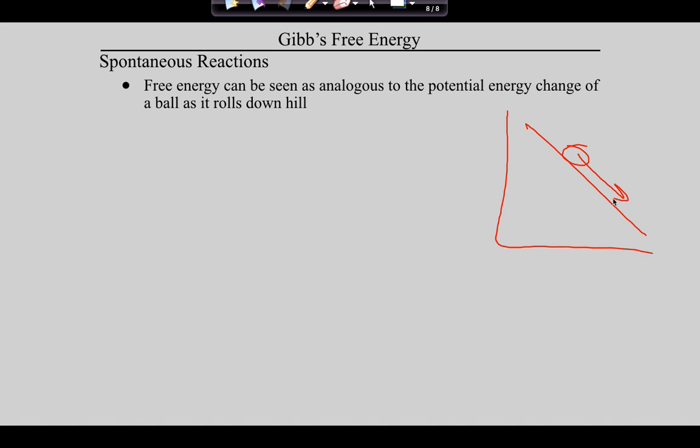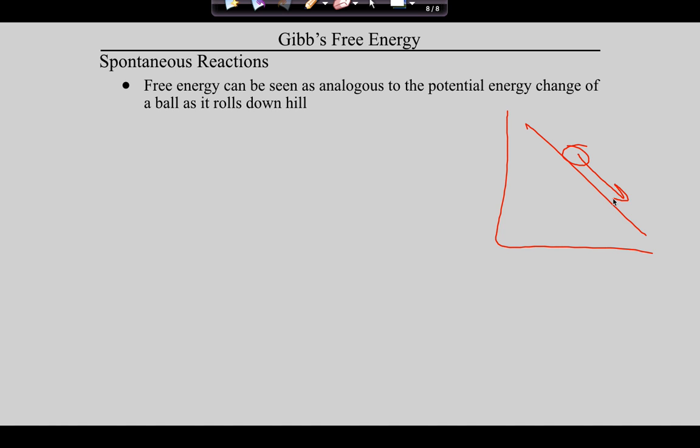But guys, now we can finally say it. When balls roll downhill, they lose energy. What kind of energy? Gibbs free energy. If we could study the heat and entropy changes in this process, we know that balls roll downhill, and the reason is because this thing is losing energy.